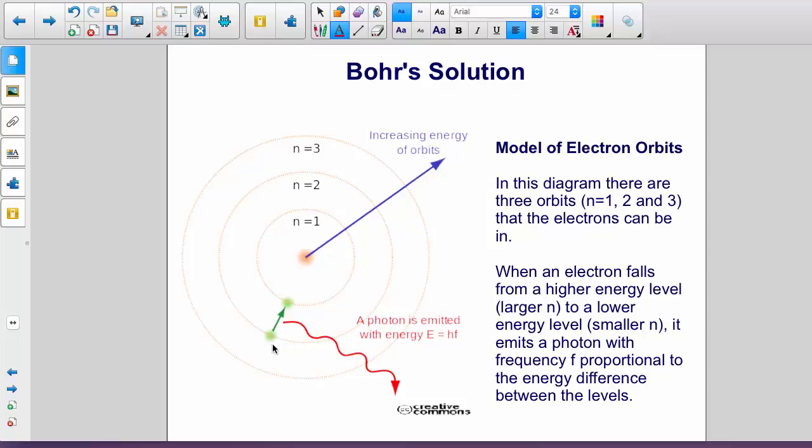What we'll note is that when an electron falls from a higher orbital to a lower orbital, for example here with this green arrow from n equals 2 to n equals 1, a photon is emitted, in this case with an energy E equals hf, where f is proportional to the energy difference between the two levels.